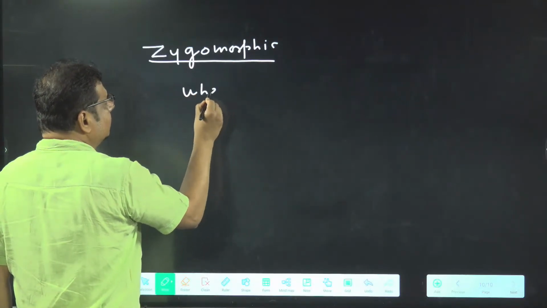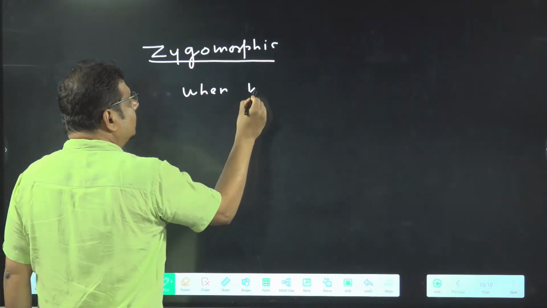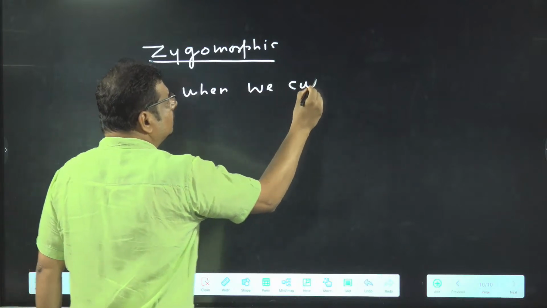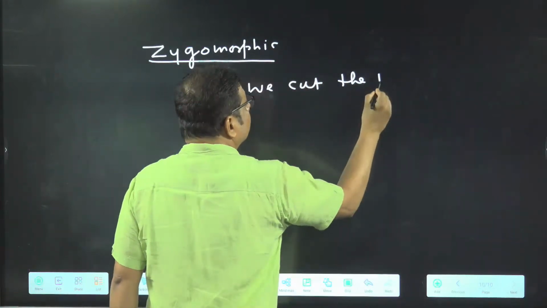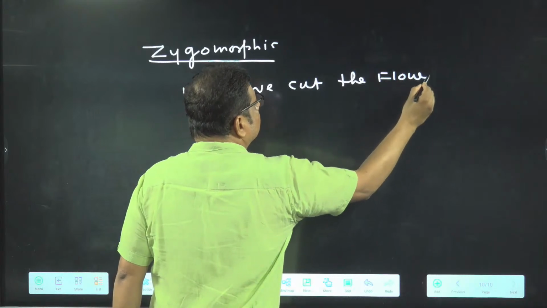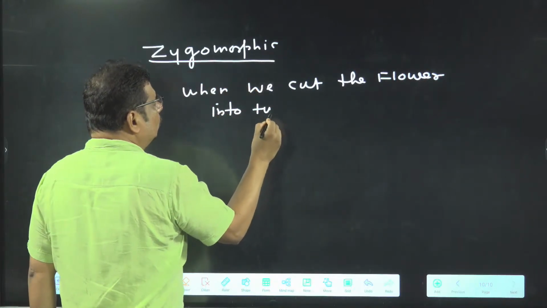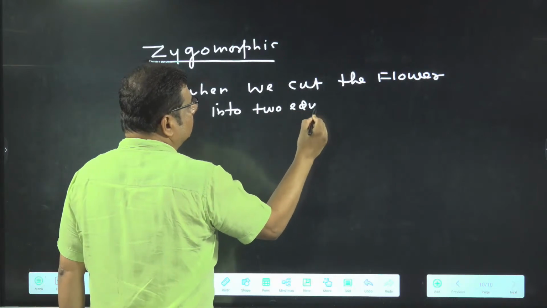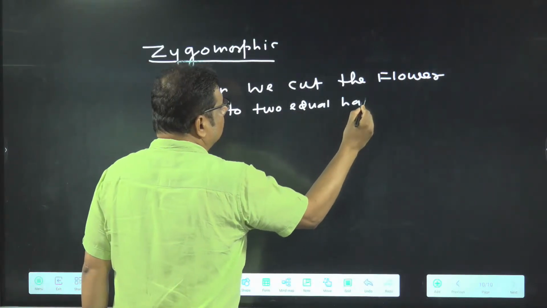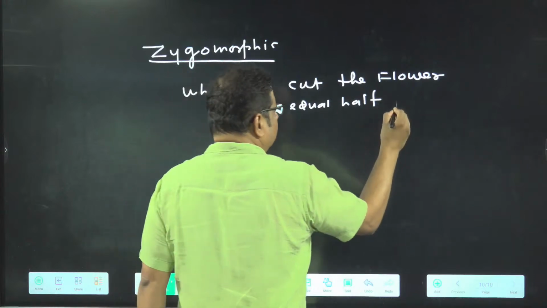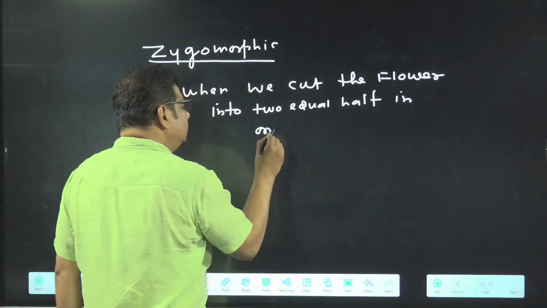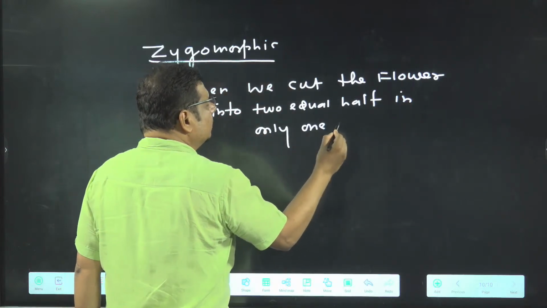Here the definition is saying, when we cut the flower into two equal halves by only one vertical plane.